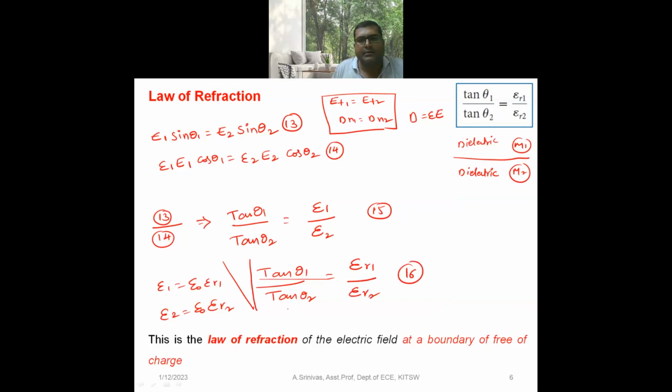And this equation is called the law of refraction of electric field at a boundary free of charge. Once again, I repeat, equation number 16 is the law of refraction of electric field at a boundary free of charge.